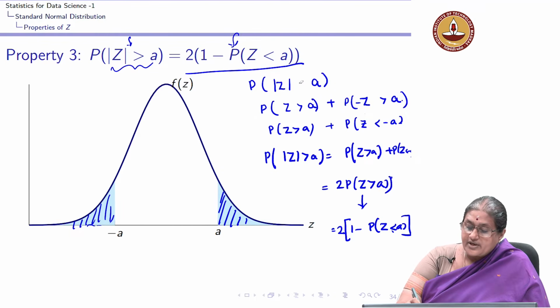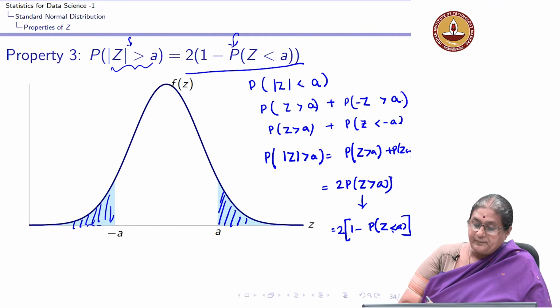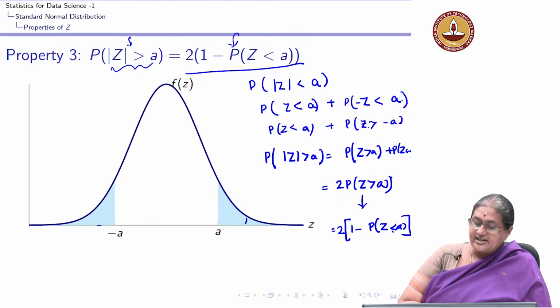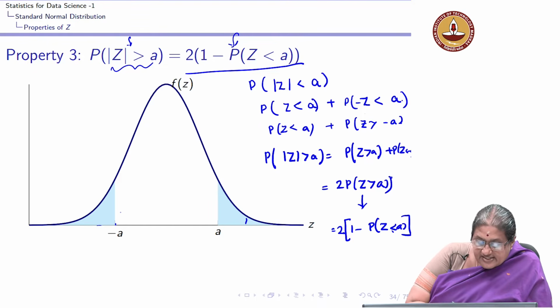Similarly, what is the probability mod z is less than a? I know mod z is less than a is the probability z is less than a and minus z is less than a. So, this would be probability z is less than a and z is greater than minus a. So, this is the area.